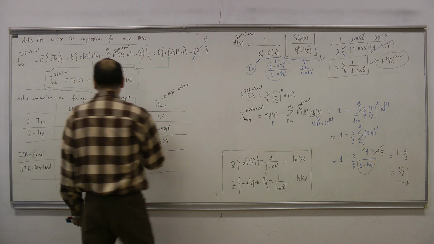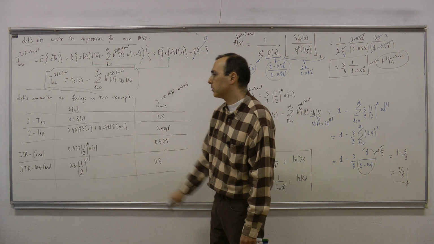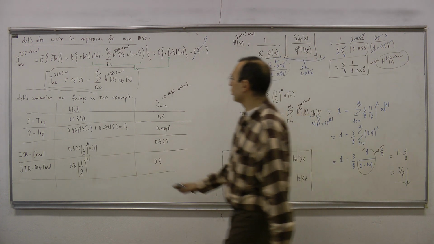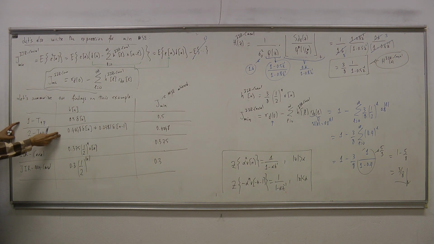So if you don't want to implement a very long filter, maybe you prefer something like this. But in practice, in general, you try to implement very short filters, and using these short filters you try to do your best. So you design an FIR filter with the best performance possible.